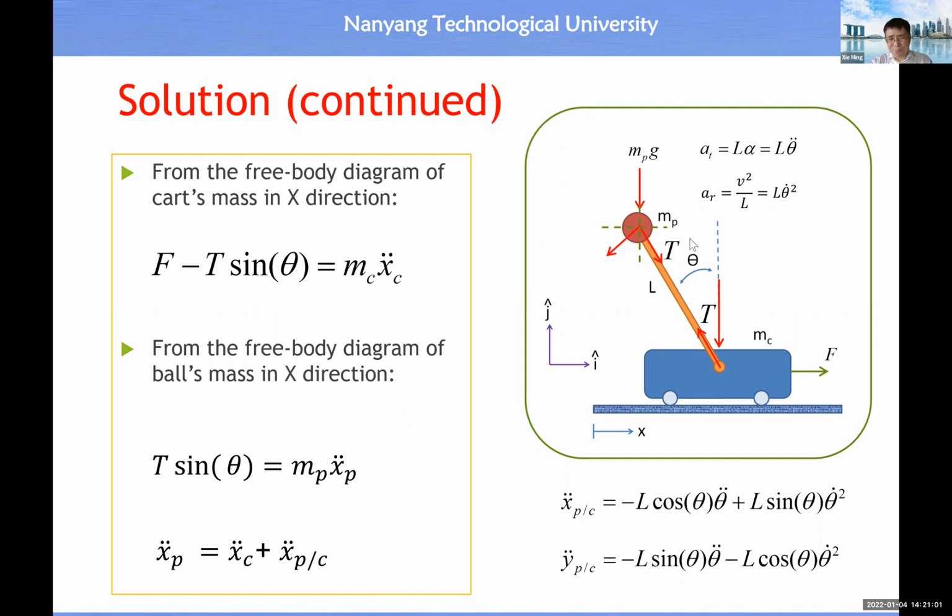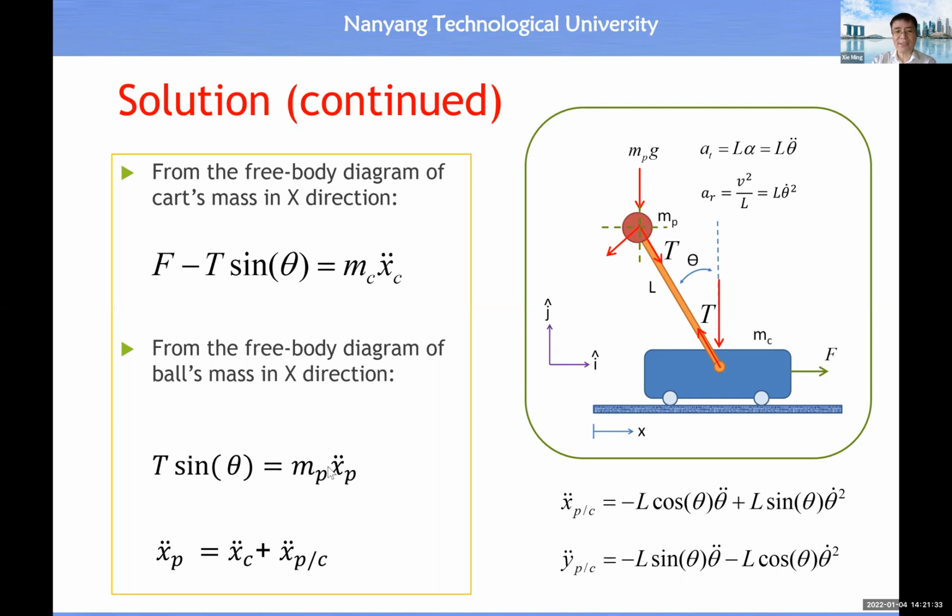Then, when we have this force acting on the ball in the X direction, you will see this one also has an X component force, okay? It should be equal to T sine theta, which is opposite to this one. And this external net force acting on this one will also produce the acceleration on this mass MP, the mass of the ball.